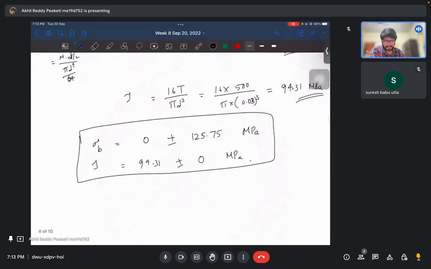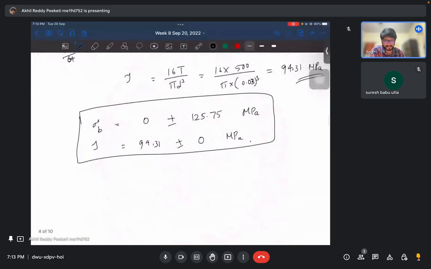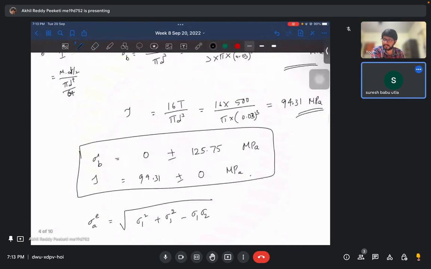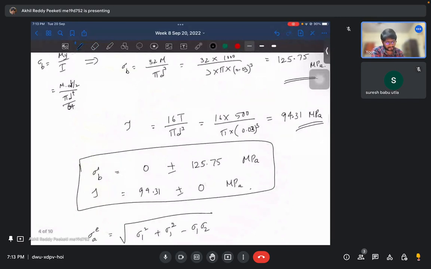Now we need to find the effective stresses first: effective mean stress and effective amplitude stress. From the principles we can estimate the effective stresses.